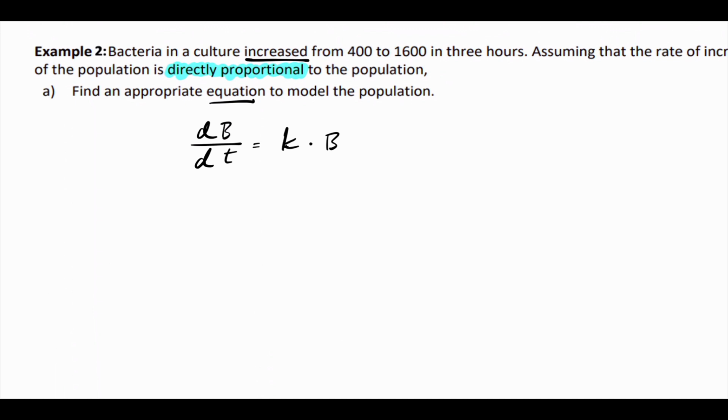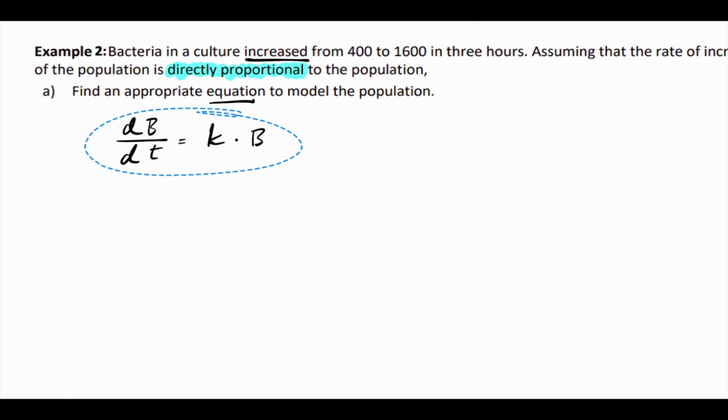First thing we got to do is solve this guy. How do we solve it? Solve by separation. Usually y's went to the left, x's went to the right. We don't have x and y's this time. So what's going to go to the left and what's going to go to the right? B's are going to go to the left. T is going to go to the right.